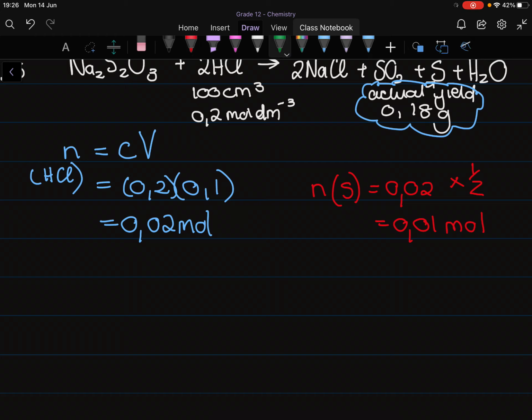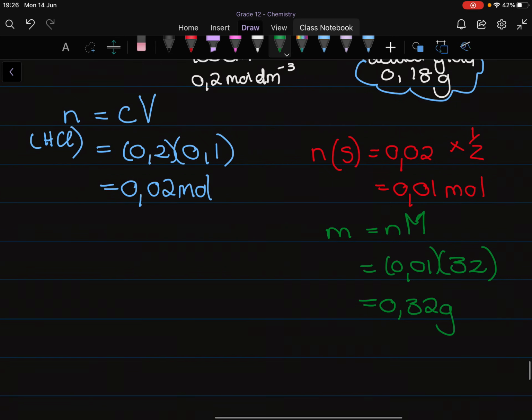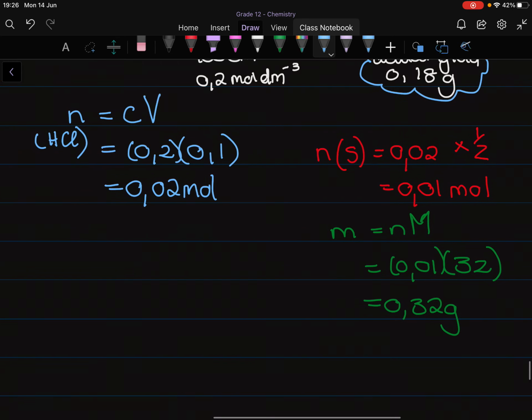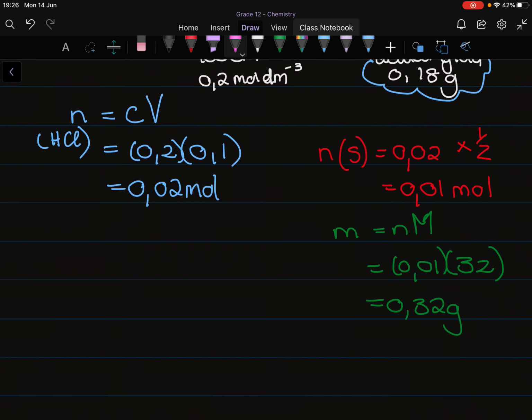Next step, I need to know what mass of sulfur theoretically I should have got. So 0.01 times 32. So theoretically, I should have got 0.32 grams. I didn't. I only got 0.18. So if I got 100% yield, I would have 0.32 grams. I only have 0.18. Therefore, so now let's do this one.